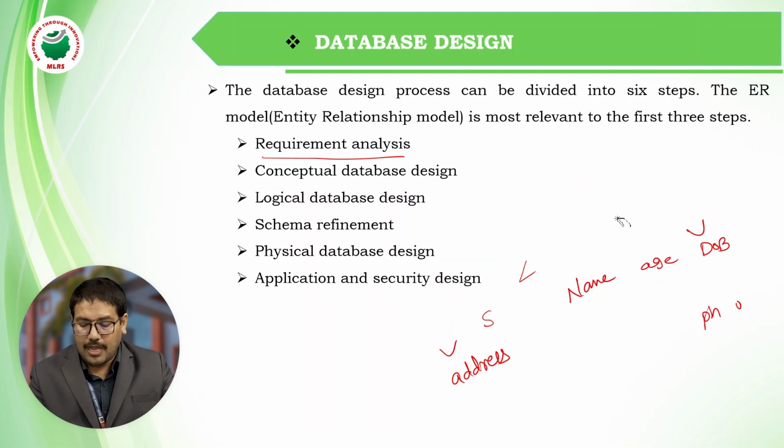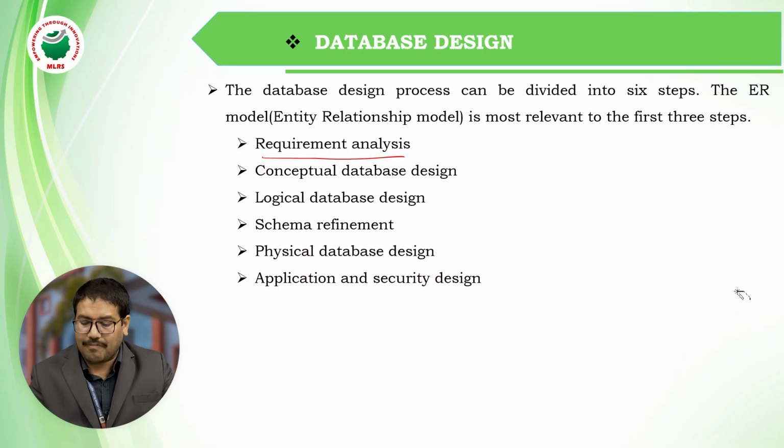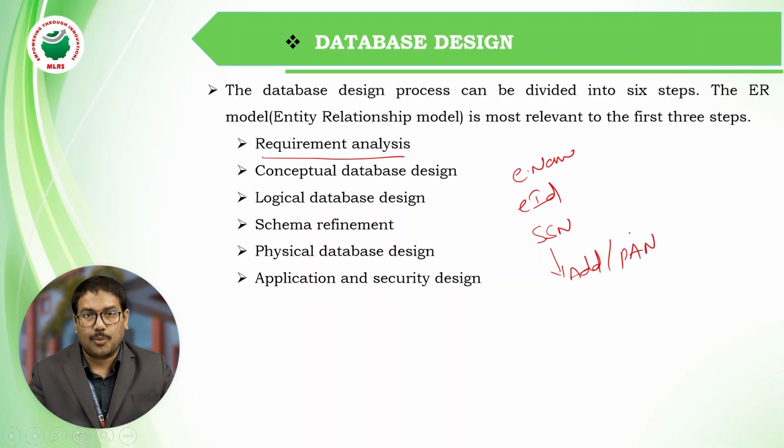If I prepare the employee database, for example, an employee has different things. For example, employee name, employee ID, and any SSN, social security number. In India, we can even take Aadhaar number or PAN number. They are unique numbers.